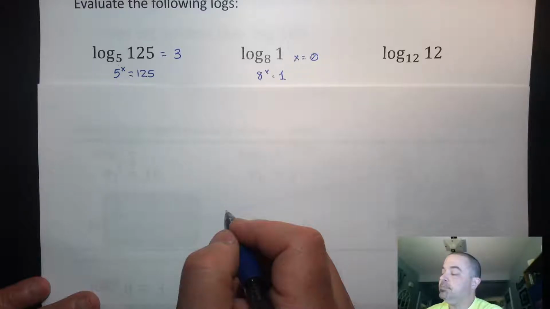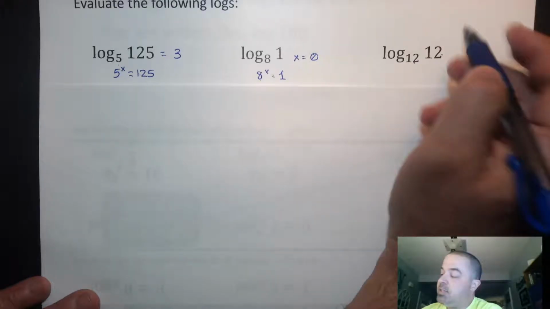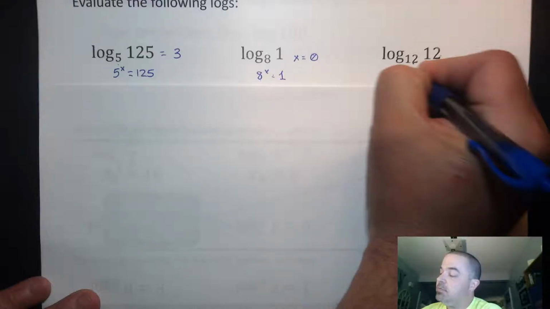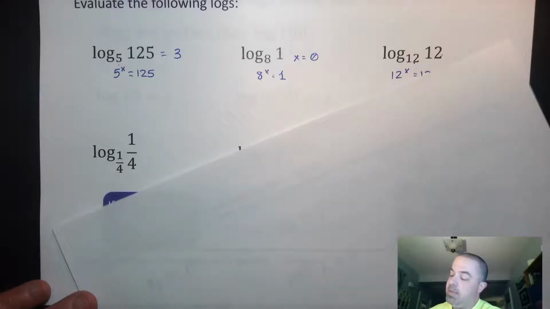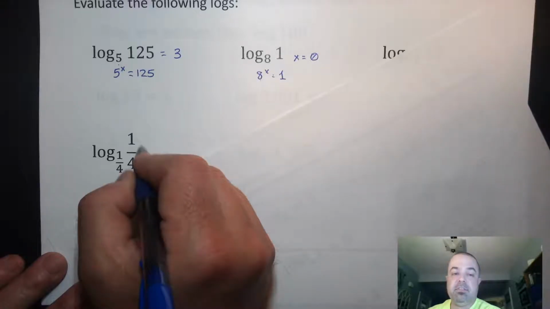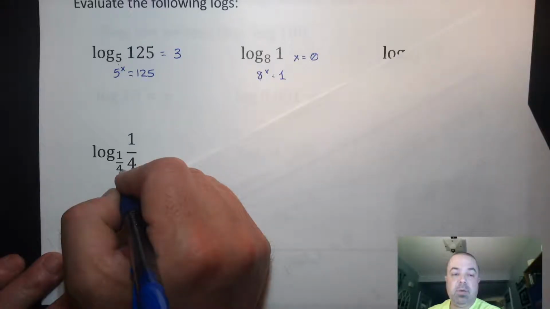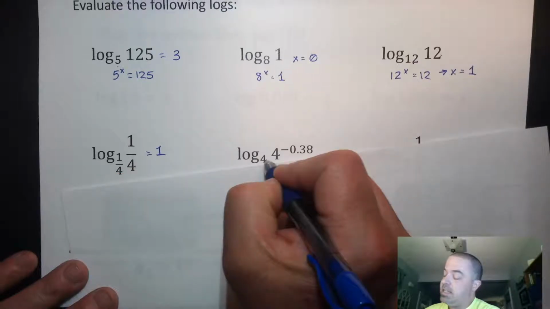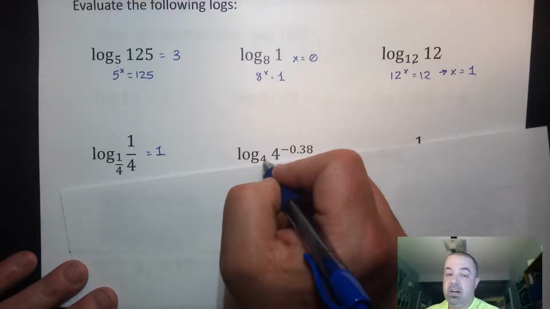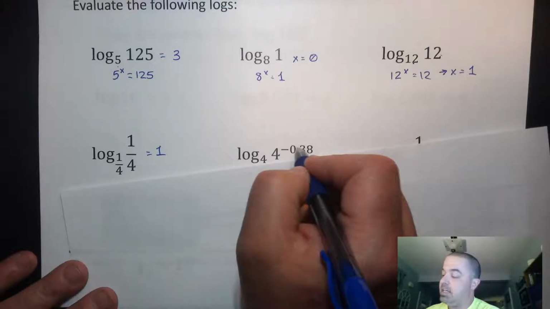What exponent of 12 gives me 12? That is going to be x equals 1. Okay? Not too bad. Same thing. Log base 1/4 of 1/4. What exponent of 1/4 gives me 1/4? Well, that's just 1. Okay? What exponent, this is a fun one, of 4 gives me 4 to the negative 0.38?